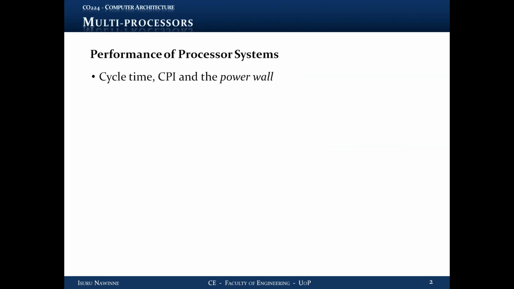If you remember, from the very first class, we started talking about performance of computer systems. At that time, we defined things like cycle time, CPI, that is cycles per instruction, and how the clock frequency of computer processors changed in the past few decades.